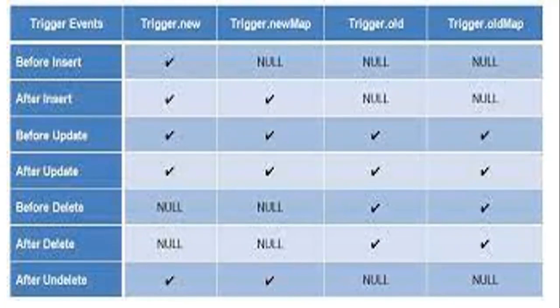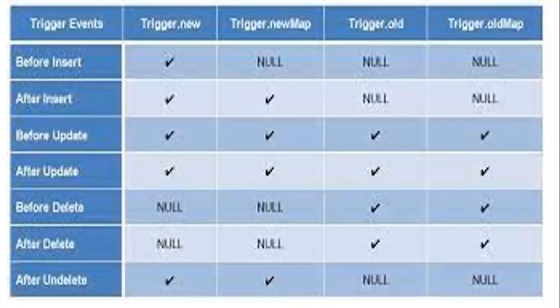Among these, trigger.new, trigger.newMap, trigger.old and trigger.oldMap are the four context variables which are very important for understanding triggers more clearly. If we know these four context variables, you will definitely get wonderful knowledge of trigger concepts. For before insert, before insertion of data into the Salesforce database, we have only the new records without creation of ID.